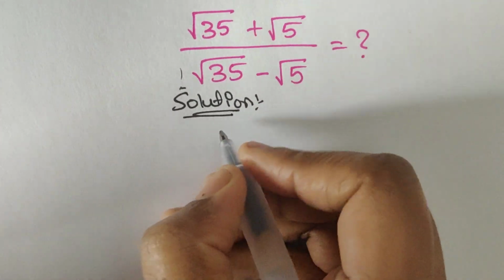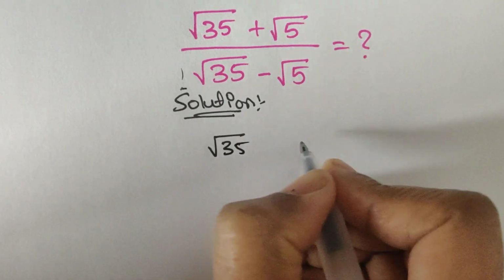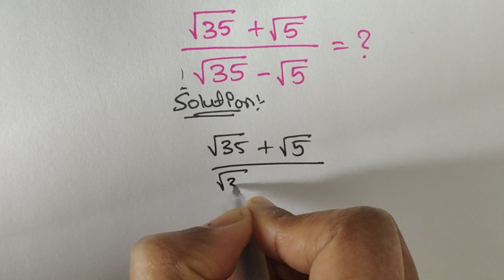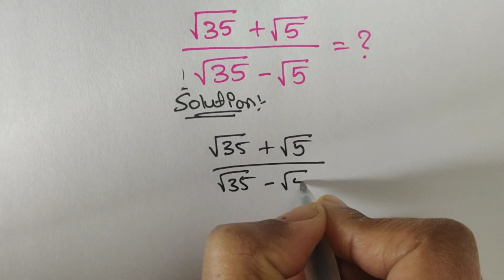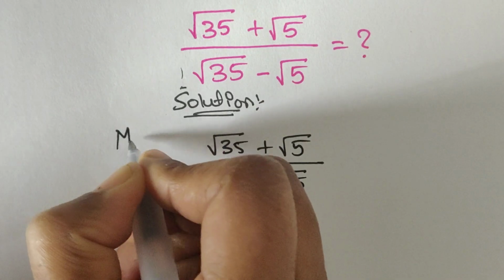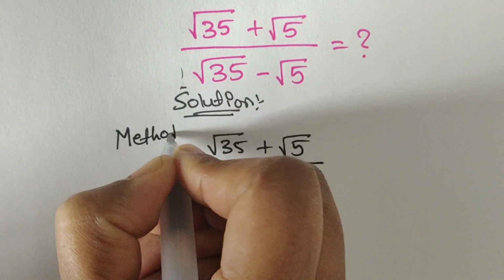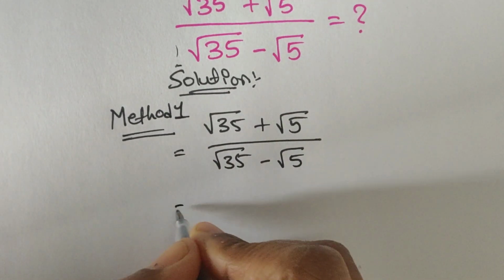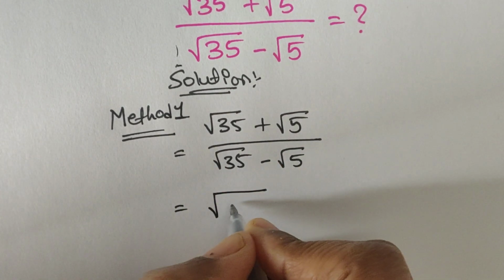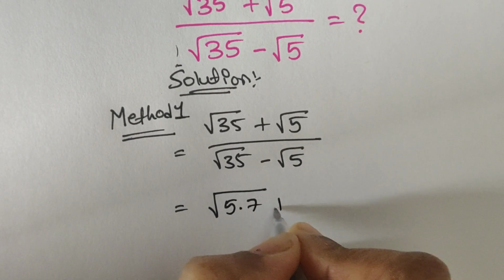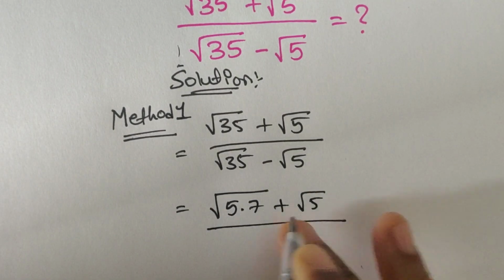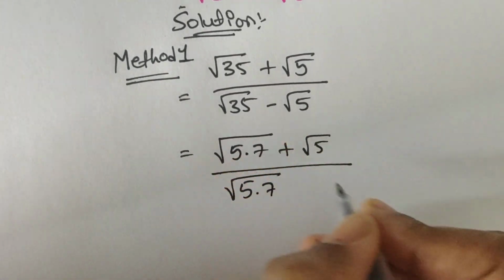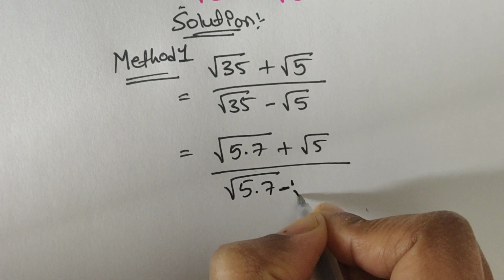So we have given (√35 + √5) / (√35 − √5). So this is method 1. √35 we can write as √(5 times 7), so (√(5×7) + √5) / (√(5×7) − √5).